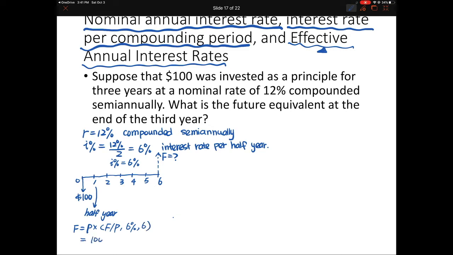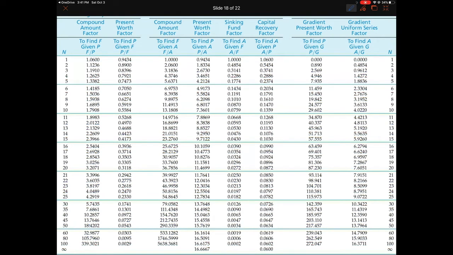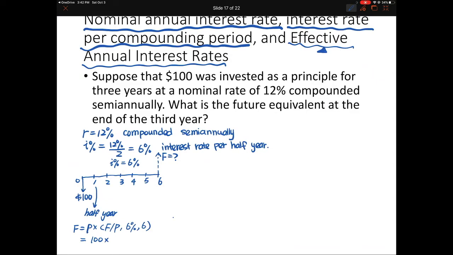So it's 100 times, it's to find the F given P. So this is your column. And number of n is 6, so this is your factor. So it's 1.4185. So it is 141.85. That is your future equivalent value of this cash flow.